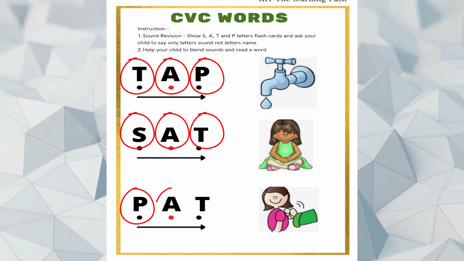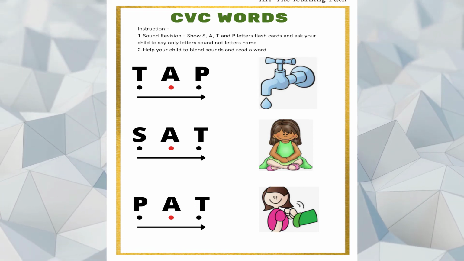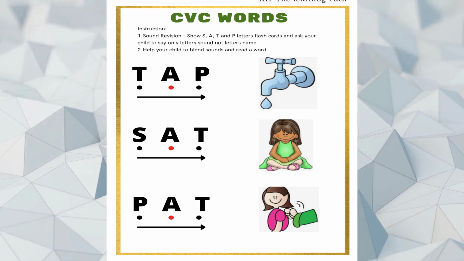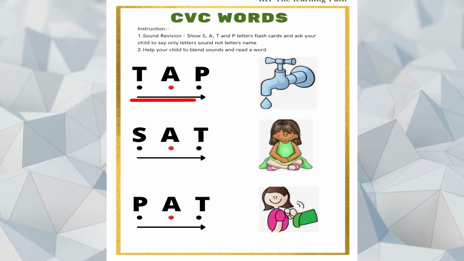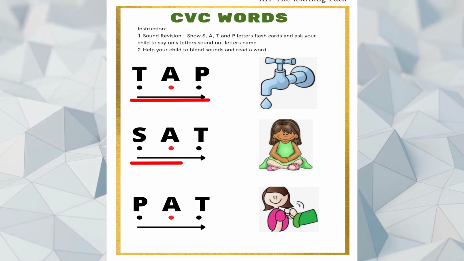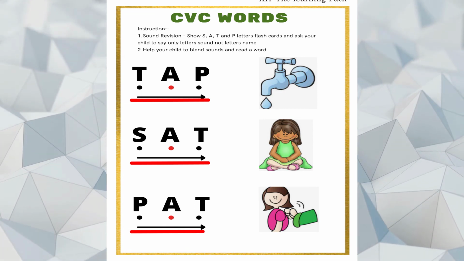P, A, T, pat. If your child is struggling to blend the sound, use the vowel stretching approach mentioned earlier, like T, A, P, tap. S, A, T, sat. P, A, T, pat.